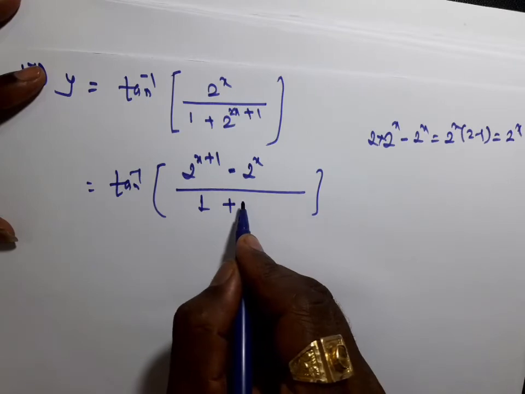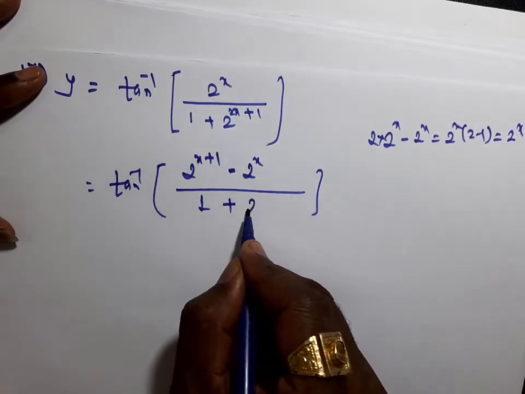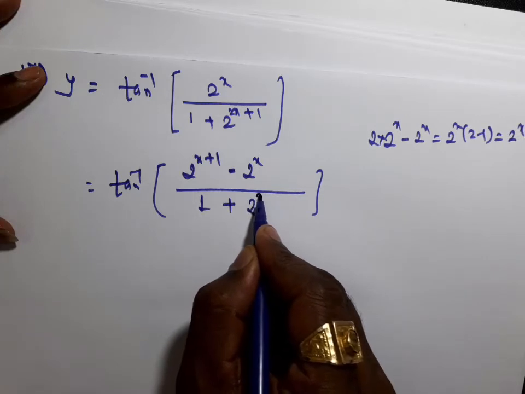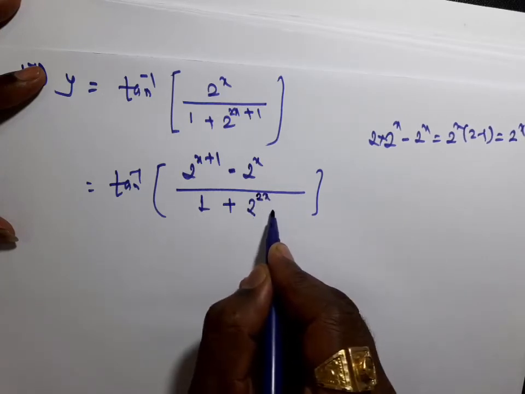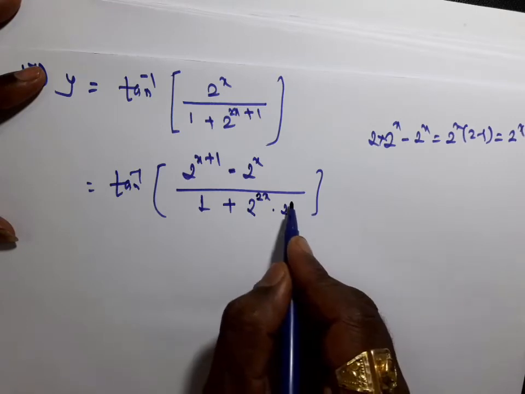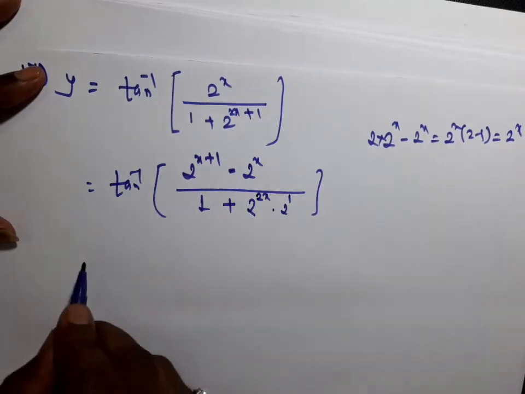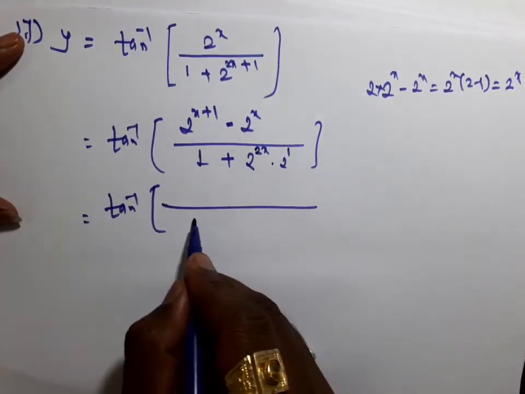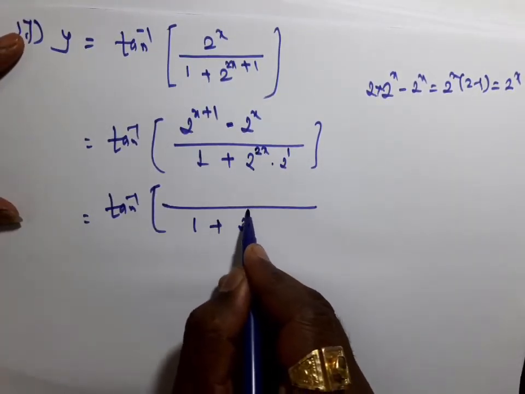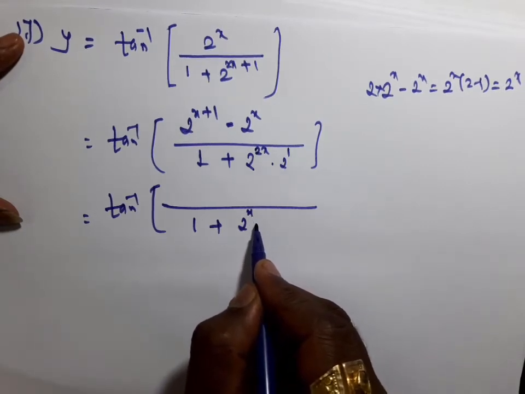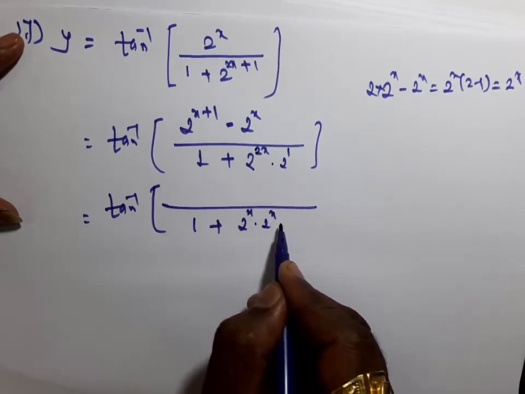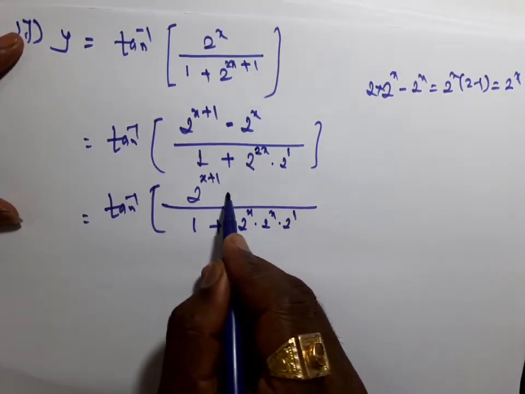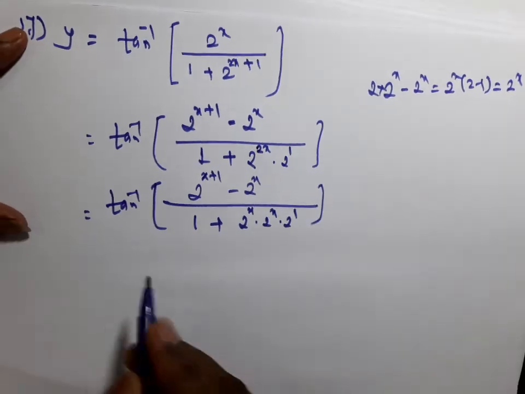And this, we can write in this way, that 2 raised to 2x into 2 raised to 1. This will be 1 plus 2 raised to x into 2 raised to x into 2 raised to 1. And this numerator is 2 raised to x plus 1 minus 2 raised to x.